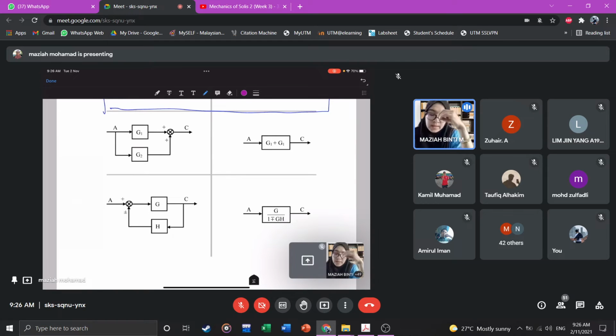Okay, all right, let's continue with rules number 4 and 5. Right. So rule number 5 here, we have what we call a parallel block. But this one here is a forward parallel block. This one here is also a parallel block, but this one is feedback.